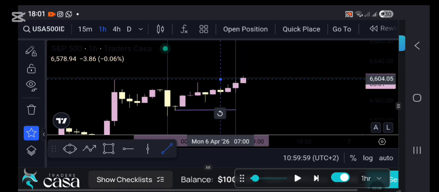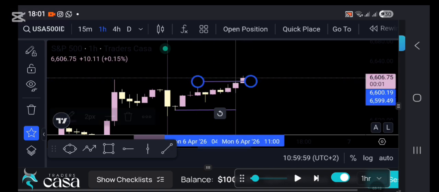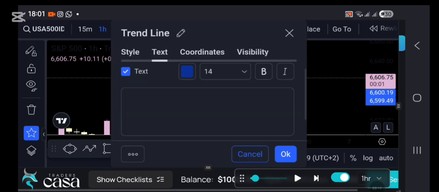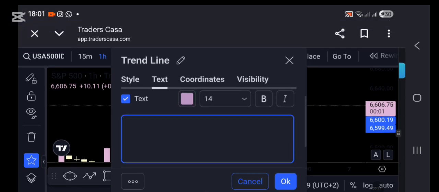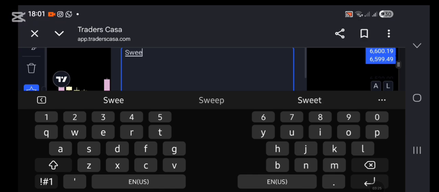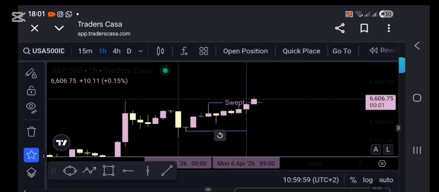And as you can see, we swept Asia high. So that we can actually remember this, we're just going to mark it by saying swept. Boom. So that is what we did.